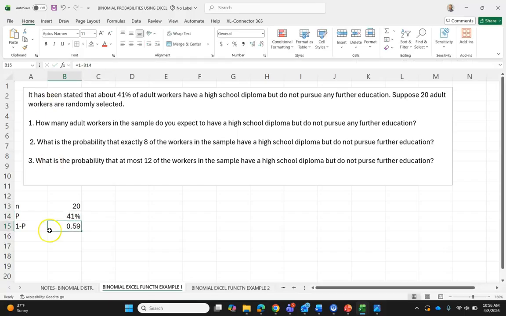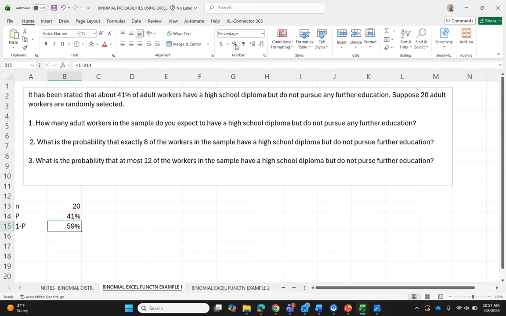So the outcome will be 59%, or 0.59 is the probability of failure. Now let me put it into percentage. So 59% is the probability of failure, of the adult workers who have no high school diploma, or who have a high school diploma but pursued further education.